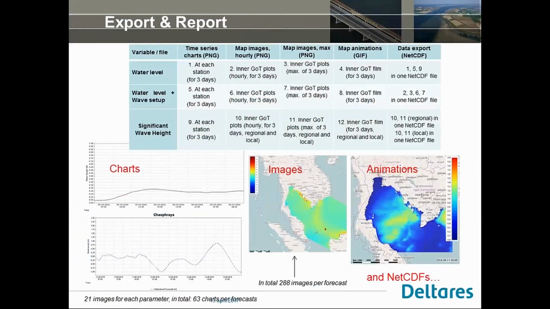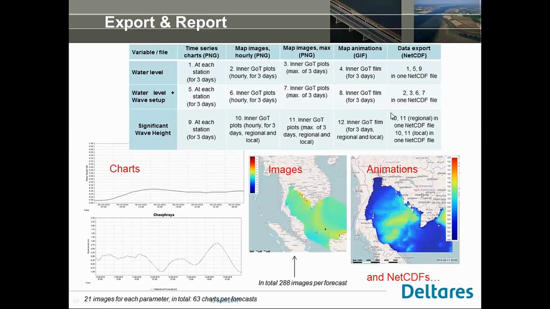After we get the model results, we export the results into various formats. For the scalar time series, we export charts for every single location and every parameter. For the 2-dimensional model results, we export every time step as an image, saved in PNG or TIF format. We also save the forecast as animations in GIF format.